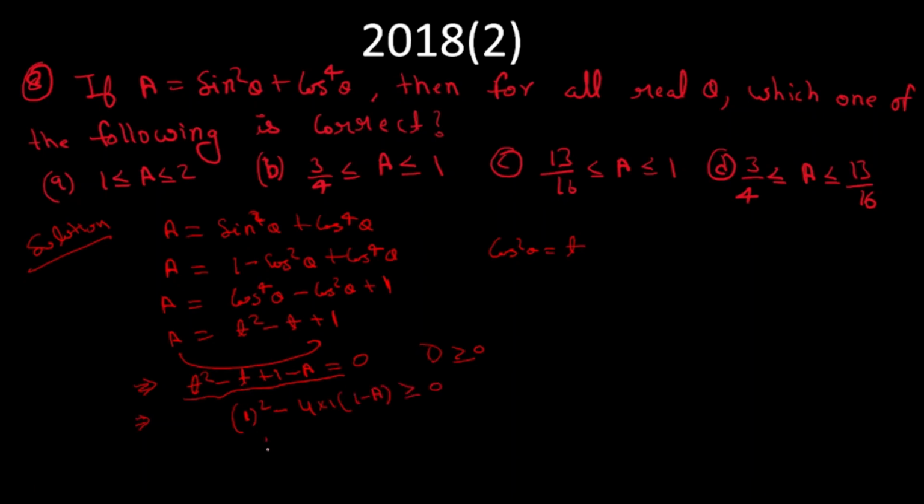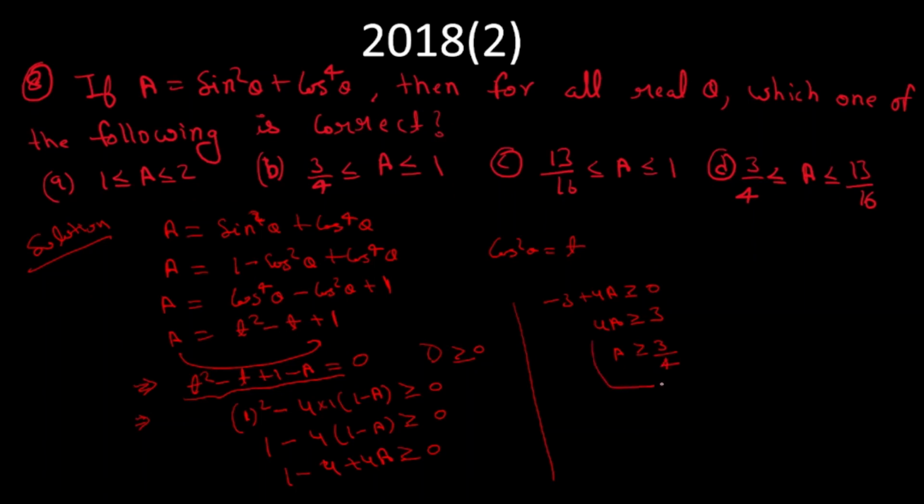So we get 1 minus 4 times (1 minus a), so 1 minus 4 plus 4a must be positive. So we got minus 3 plus 4a must be positive, 4a is greater than 3, and a is greater than 3 by 4.